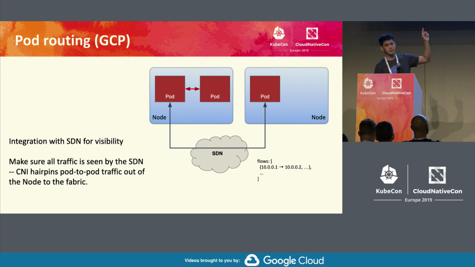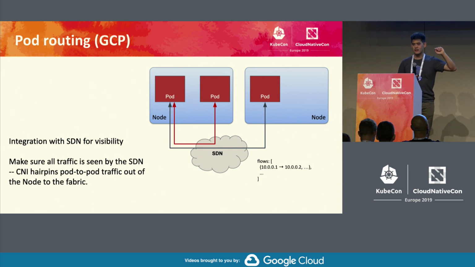But when the pod talks pod to pod, this flow is not visible to the SDN. Well, you can play some tricks with the PTP to basically pin that traffic out to the SDN. And what this means is that all of your pod traffic, whether it's between nodes or within a node, will be visible by the SDN and use the same infrastructure. For example, you can use the same kind of tools on your SDN to observe all the flows in your cluster.